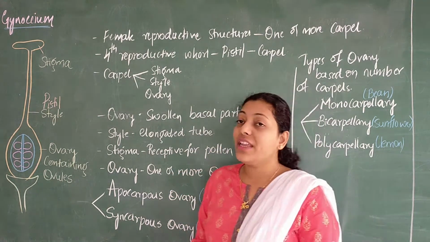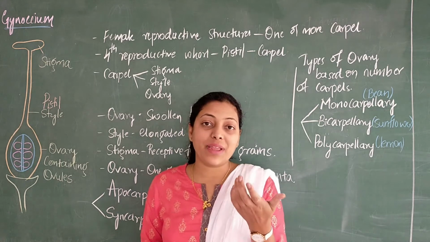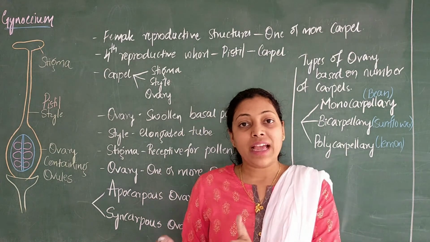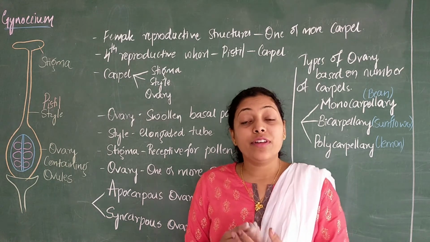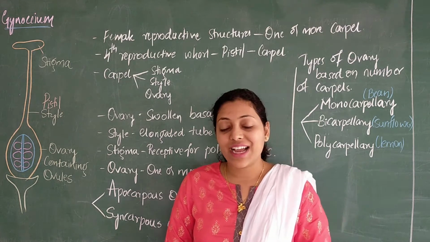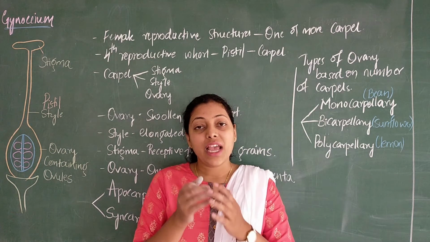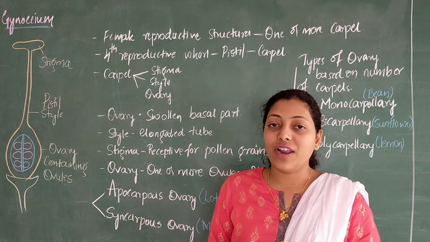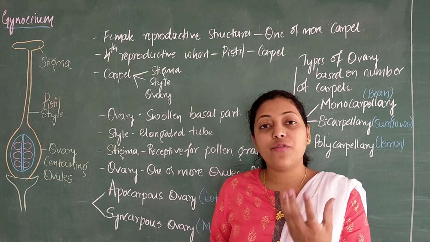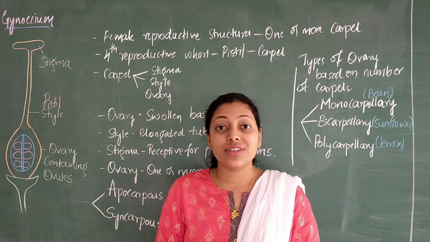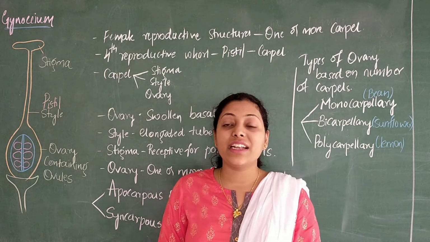We know that androecium is the male reproductive structure which we studied previously, and now we are studying the last, fourth whorl of a flower, that is called gynoecium, which is also called the female reproductive structure found in a flower. A flower containing only female reproductive structures is called a pistillate flower.